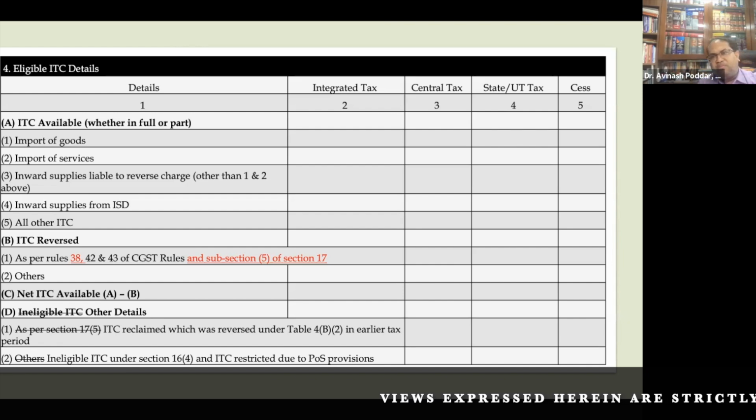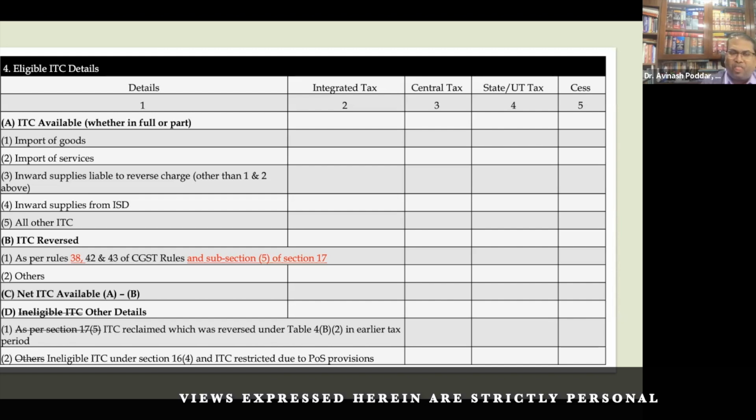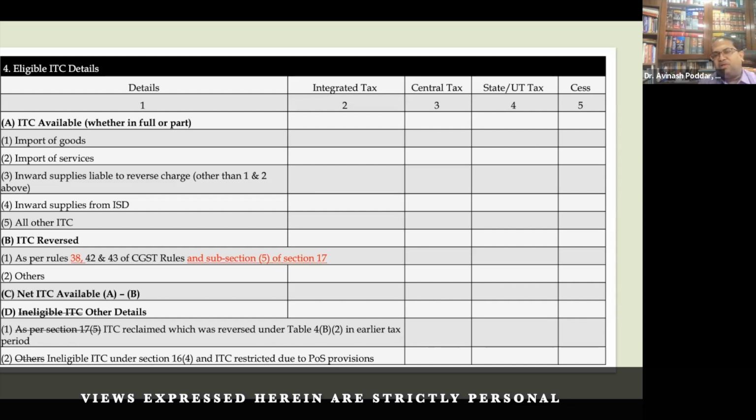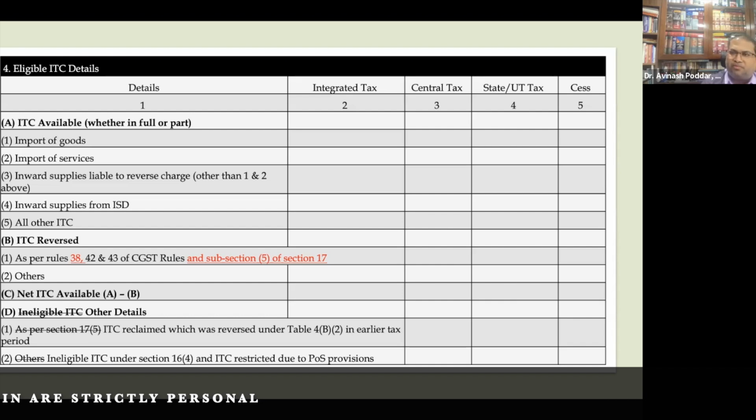So in that month I will show it in 4A5 as a reclaimed credit as per rule 37 read with 16(2) second proviso, plus I will show it in 4D1.